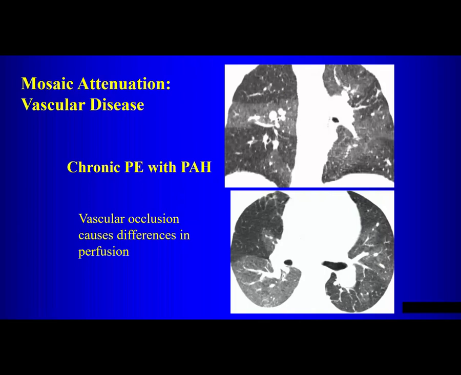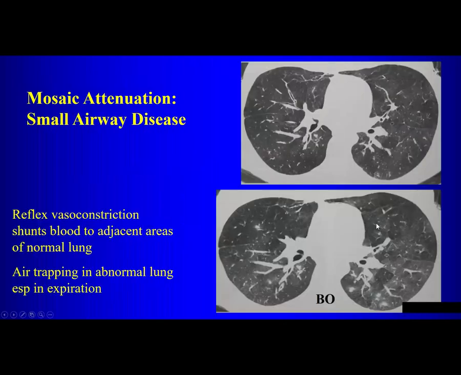Now, differentiating mosaic perfusion of chronic PE from air trapping, usually here, it follows a vascular distribution, the areas of lower attenuation. Whereas when you have air trapping, you can often see lobules. You see these lobular regions of air trapping. So it follows more of a lobular distribution if you have air trapping.